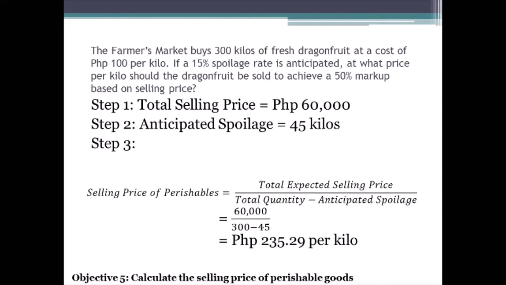Based on the formula, we substituted the total expected selling price, 60,000 pesos, in the numerator, and in the denominator, the difference of the total quantity, which is 300 kilos, minus the anticipated spoilage. Using our calculator, we arrive at this figure. The dragon fruit can be sold at 235 pesos and 29 cents per kilo to achieve a 50% markup based on selling price.